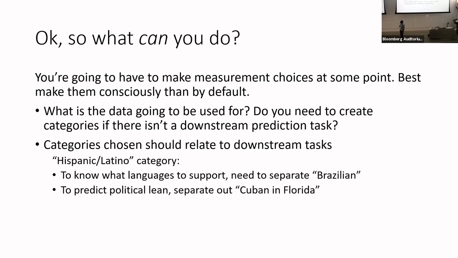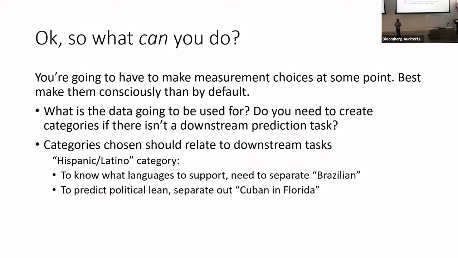So for example, I apologize, there's a lot of cultural things here, especially for those of you not in tune with the US political context. But in the United States, there are racial and ethnic categories of Hispanic people or Latino people, and typically these are merged into one category in polls.